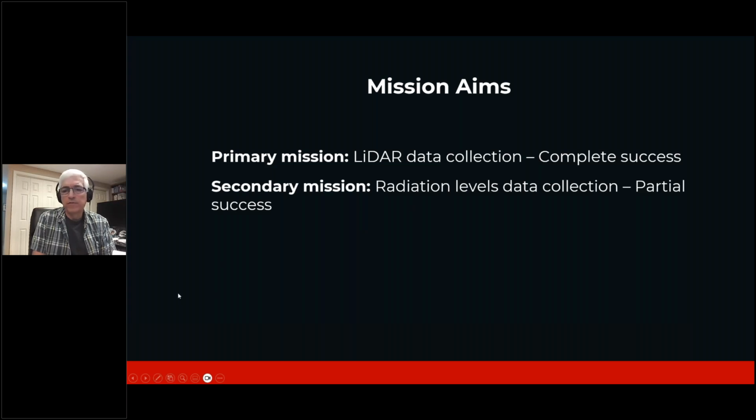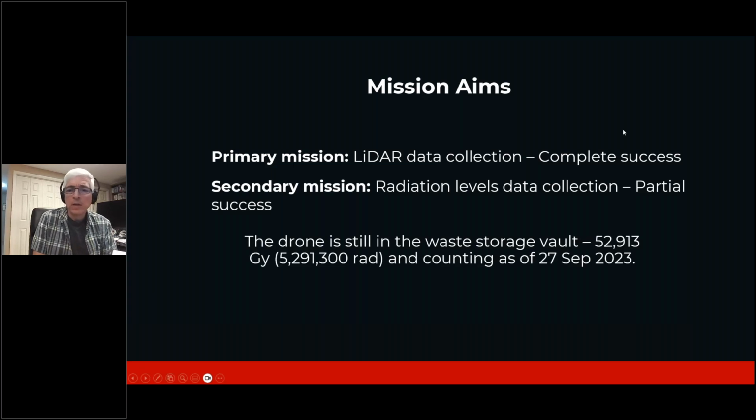Previous to the mission, we had radiation readings, but they were collected in a way where there was some margin of error, and we wanted to confirm precisely what the actual radiation readings were. So I'll talk more about that as we go.